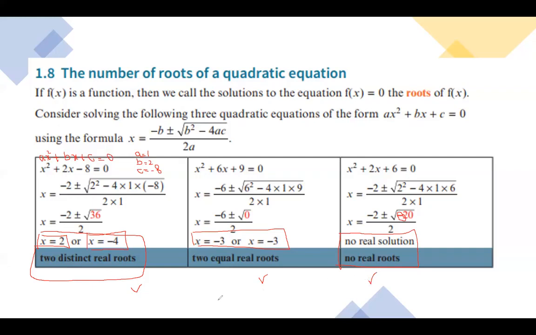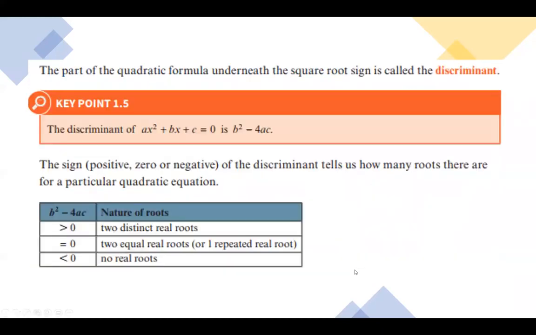So how to elaborate it or how to do it, let's say. Now, the part of the quadratic equation underneath the square root is known as discriminant. So the value is x equals minus b plus minus under root b square minus 4ac, whole divided by 2a.